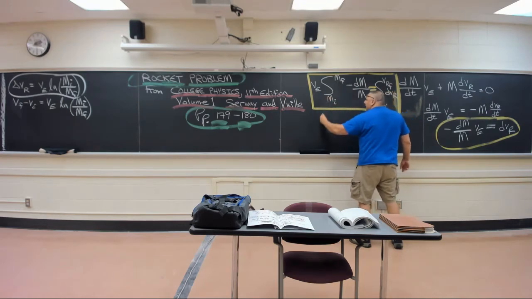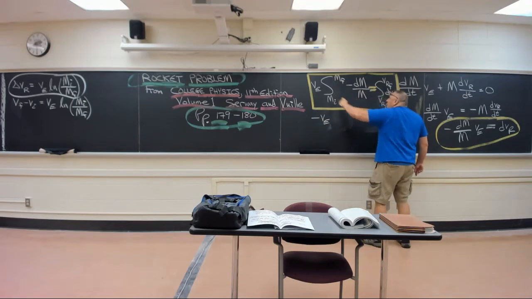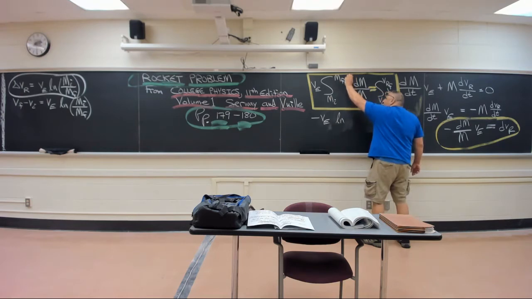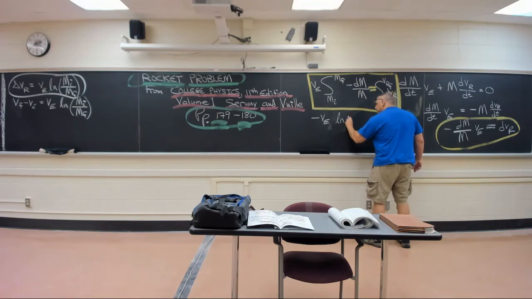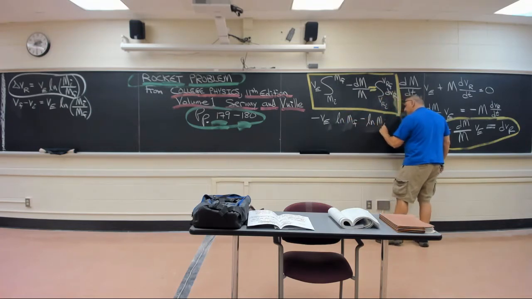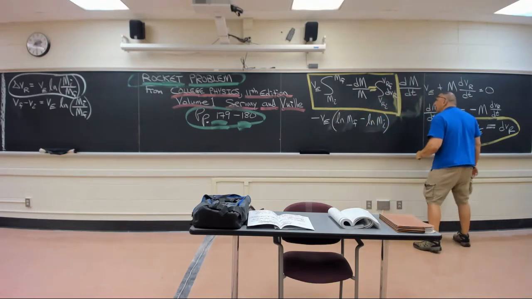So you can bring the negative out, do the integral, you get ln of mf minus mi. We'll cross that bridge in a second.